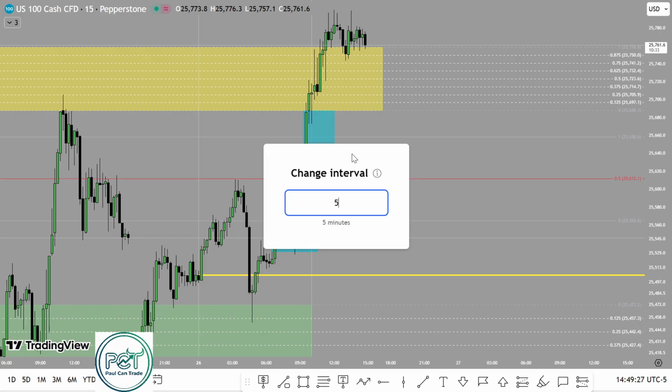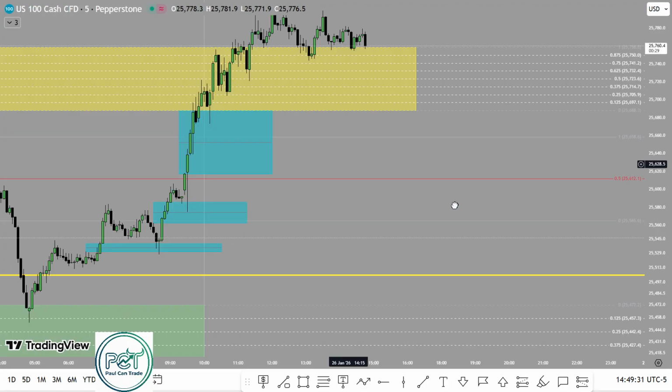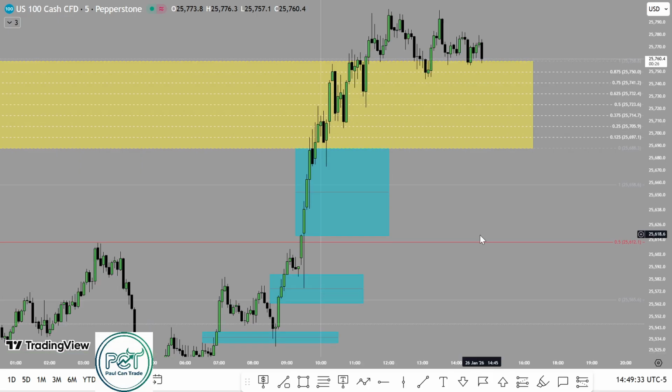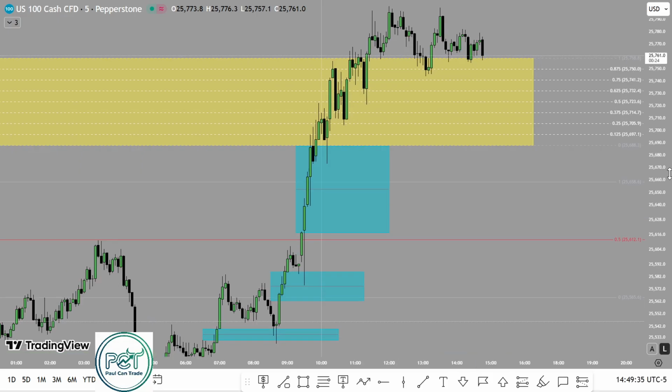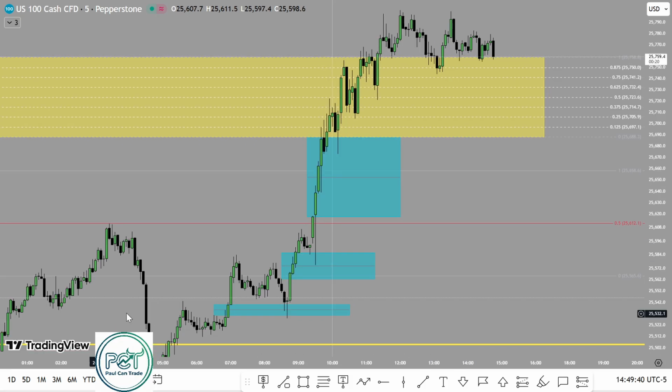So now, let me go back to a 5-minute chart with all that narrative in mind. So the low of the day was formed in London. We are not interested in that. Silver bullets. Then we are here. There's another block here. Price can return to it. So you see how that fair value gap looks. On the 5-minute, you can't see it as a fair value gap.